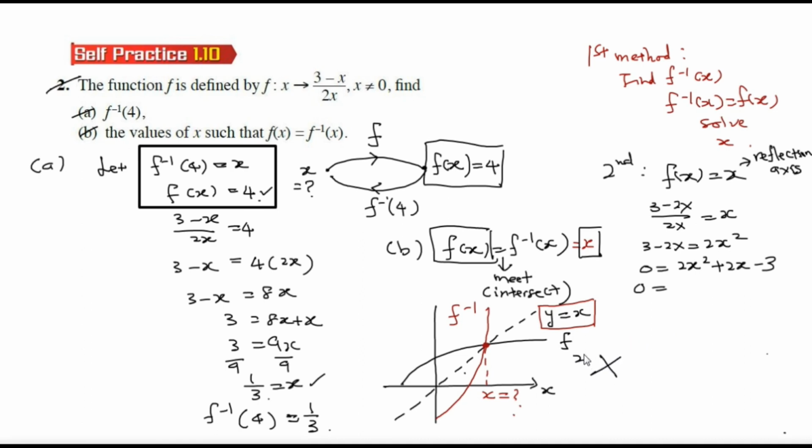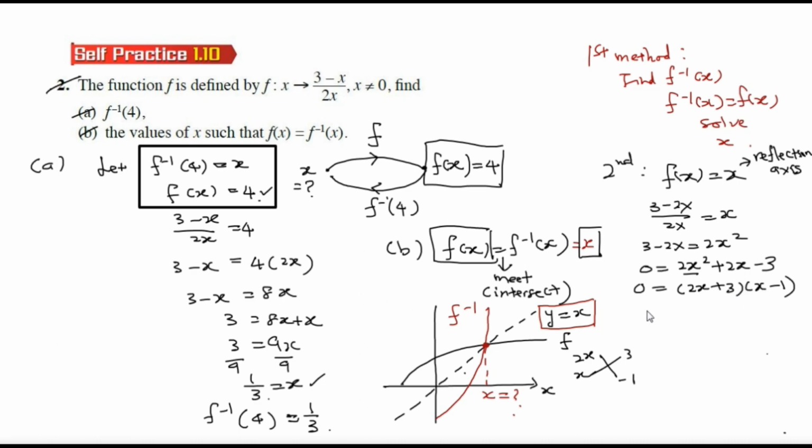So let me do it manually. 2x times x for 2x squared, and then negative 3. How to get negative 3? I put this one negative 1, this one 3. Okay, so it's (2x plus 3)(x minus 1). If you have problems factorizing manually, you can refer to your calculator.